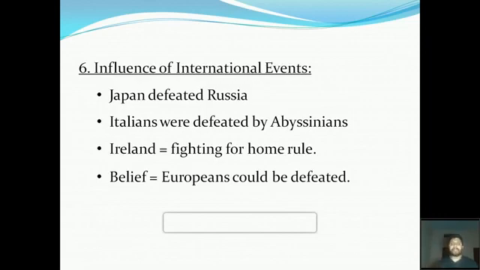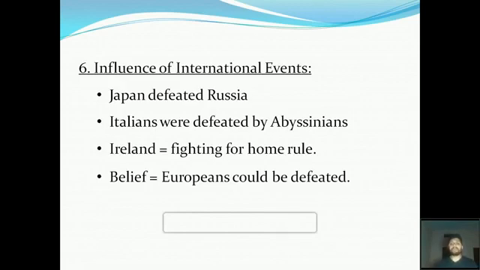In India also, they came to know about those movements by different countries, and those people got freedom from the British as well as from other countries. Here you can see a number of examples. Japan defeated Russia. Italians were defeated by Abyssinians. Then Ireland fought for home rule.